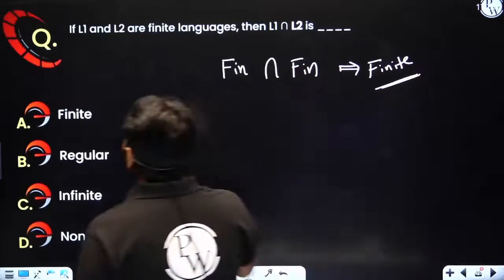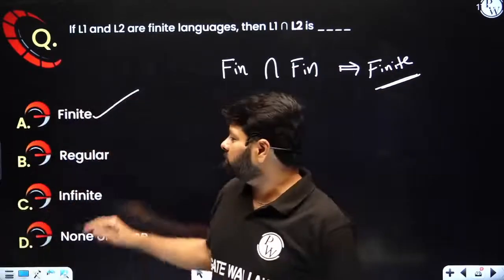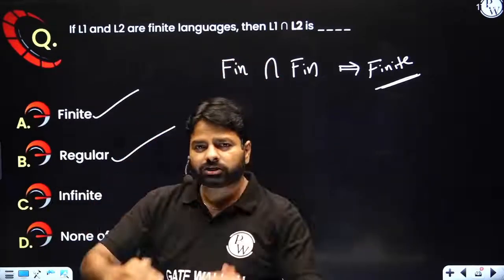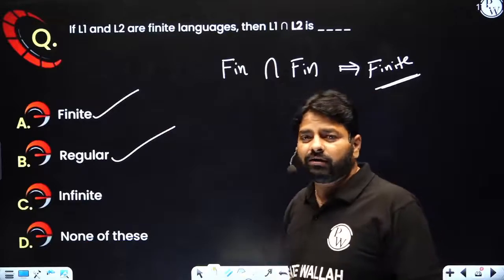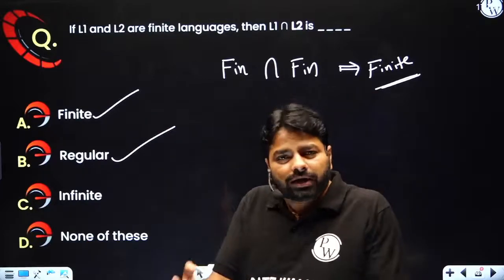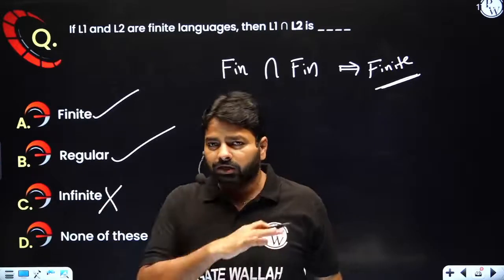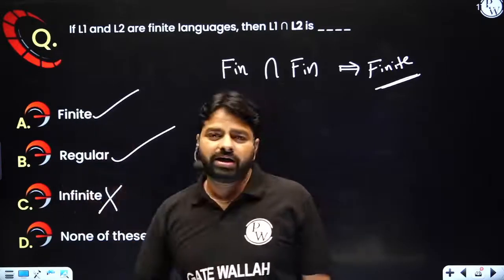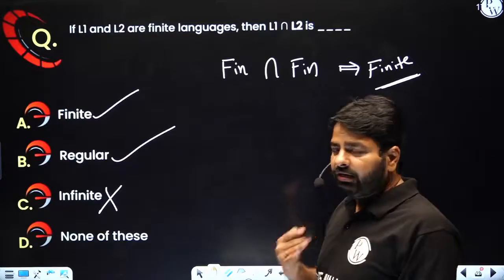Yes, always finite. So when it is always finite, it is also always regular. One direction only. Don't assume the result is given to you, the result you are finding. When the result is finite, you can call it regular, but you can't call it infinite. So this is finite and also regular, because every finite language is regular.